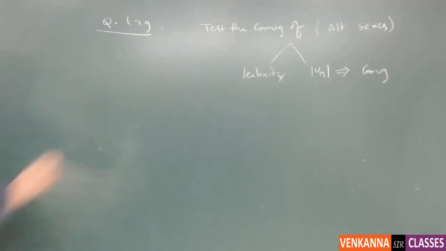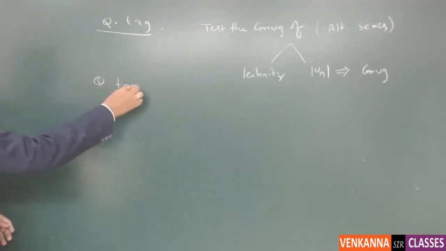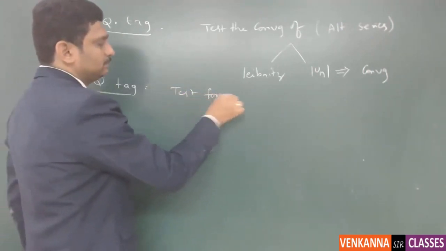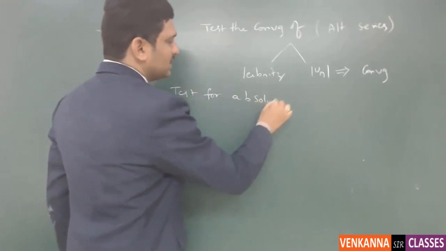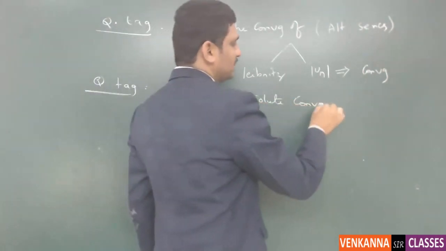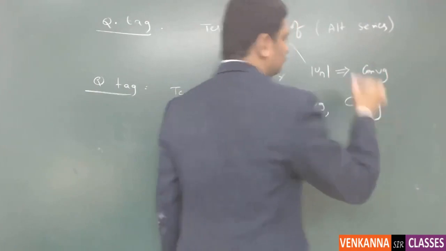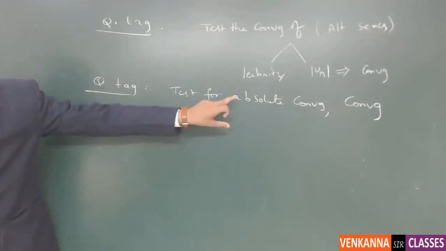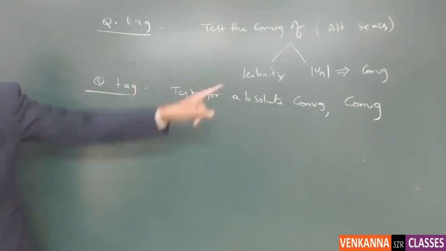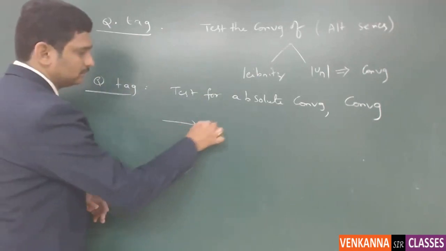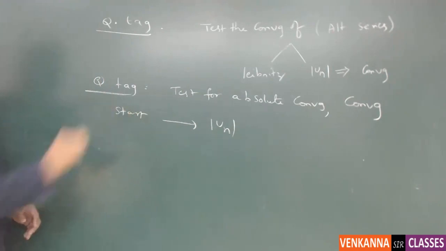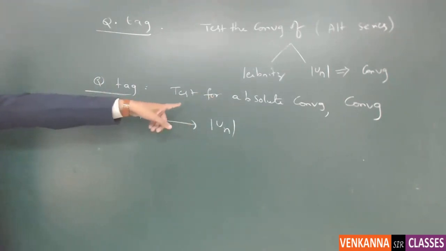Right. If the question tag is like this, test for absolute convergence, comma, convergence. Since the word absolute is mentioned here, you should always start with mod u(n), because the question contains absolute convergence.